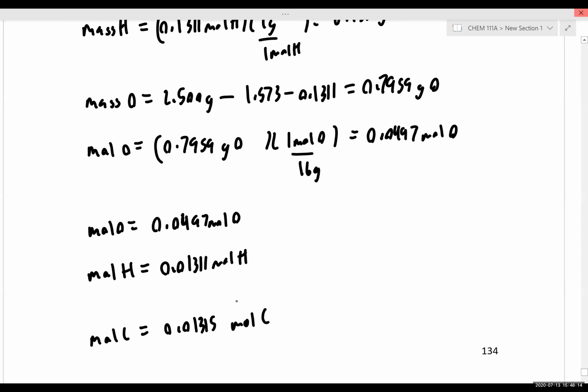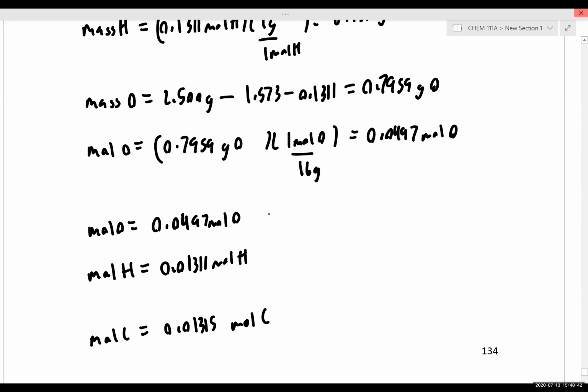First and foremost in terms of the setup, we can divide by the smallest number of moles, but then it gets a little bit trickier in terms of finding the correct whole number coefficient.